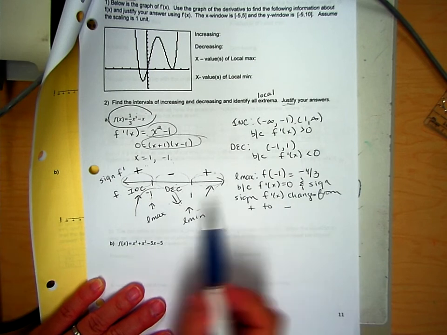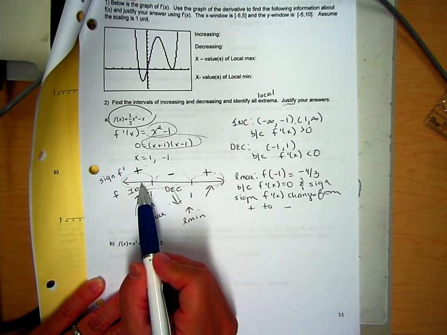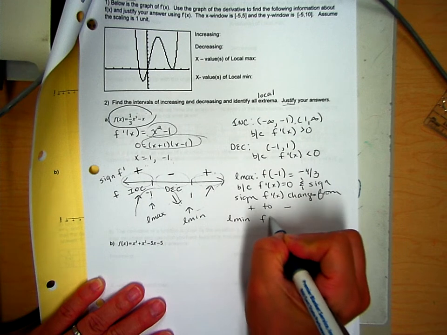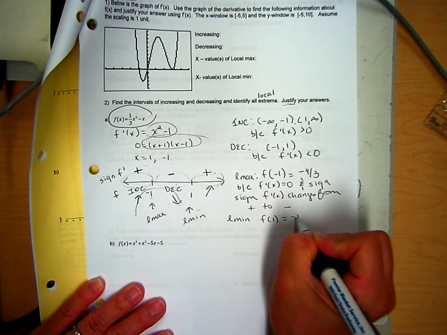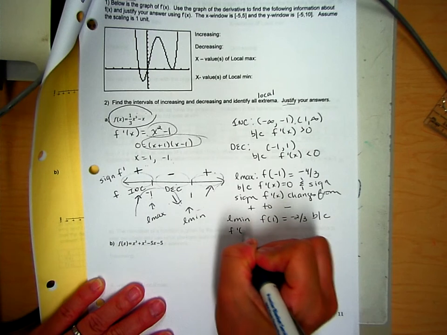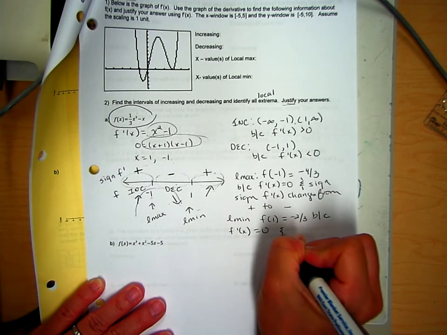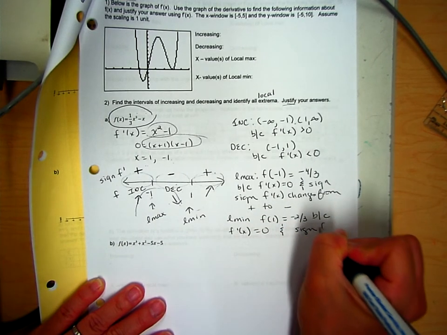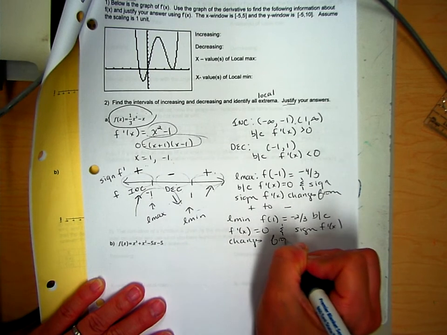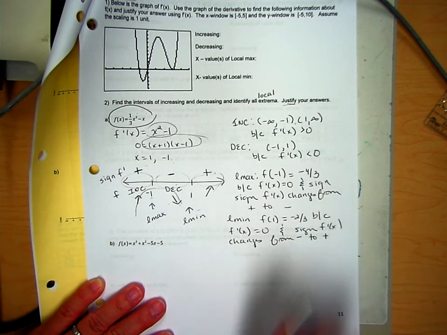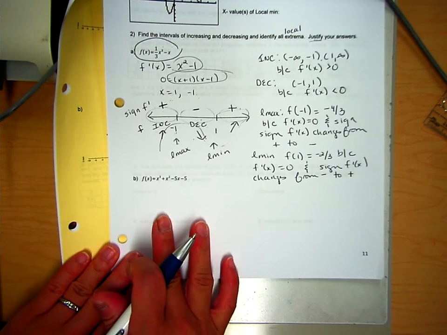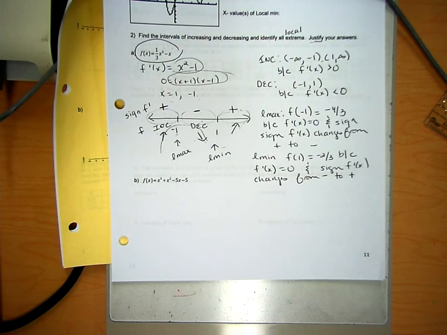So all you're doing is really restating what we have on this number line. And then we're going to do the same thing for local min. We have f of 1 equals negative 2/3, and your justification is because f prime of x is equal to 0 and the sign of f prime of x changes from negative to positive. Okay. Pause the video at this point and try B on your own, and then come back and replay the video to check your answer.